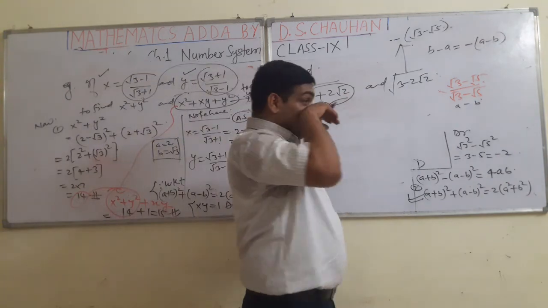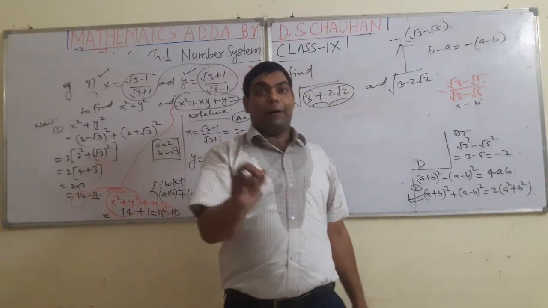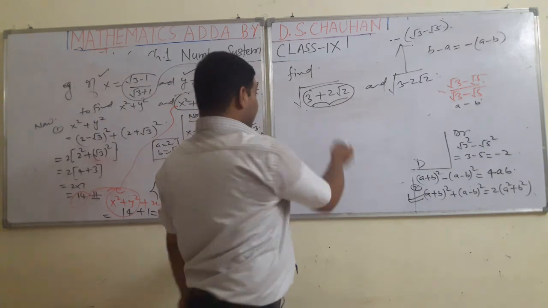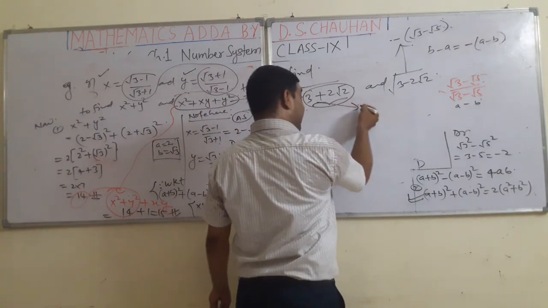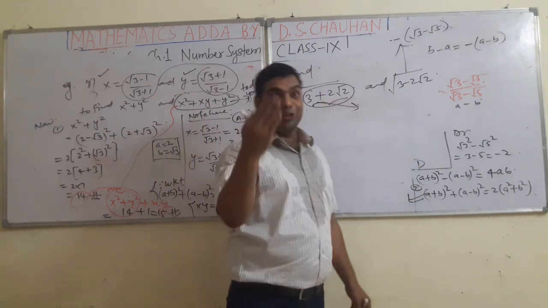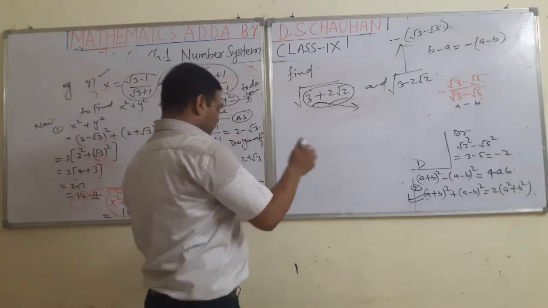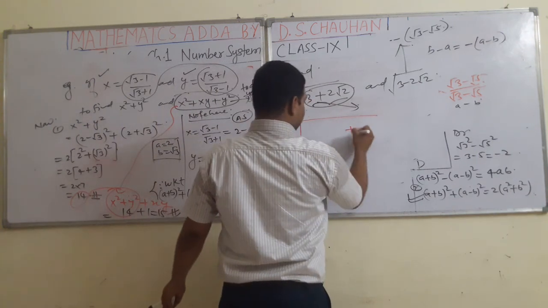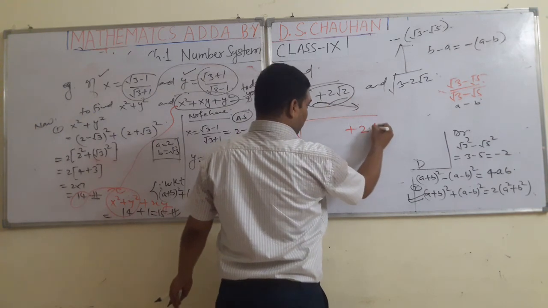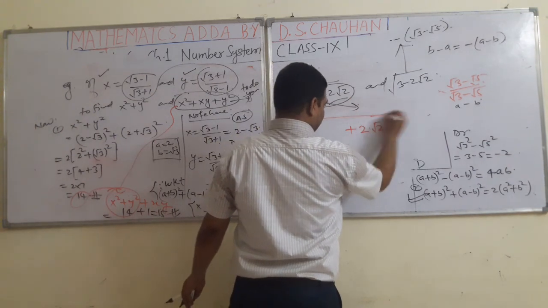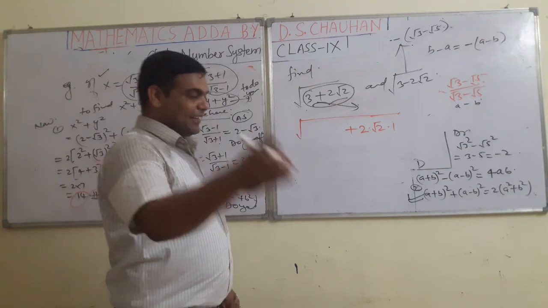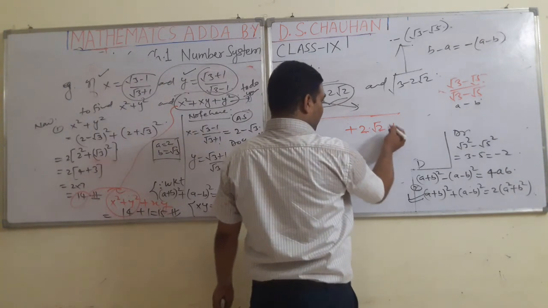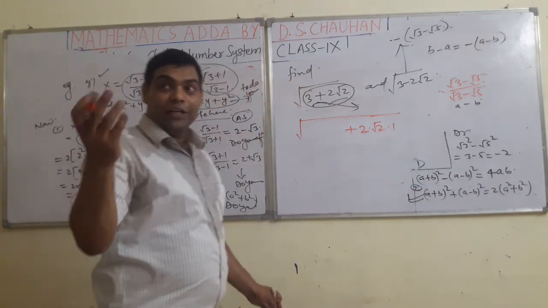If we are able to convert this number into a perfect square, we can easily find it. See how, I am telling you the way. This can be written as 2 root 2, 2 into root 2 into 1. Can we write? Say yes. Finally it is 2 root 2.